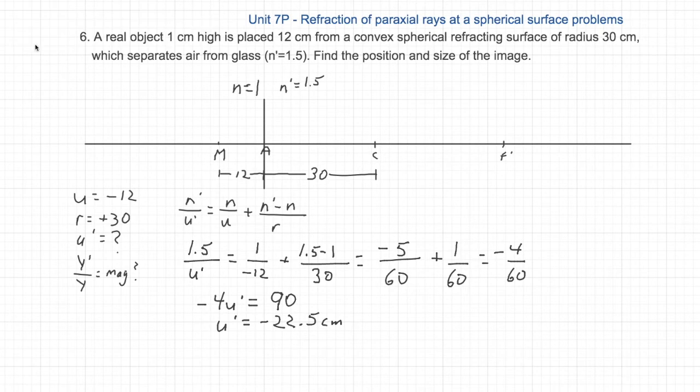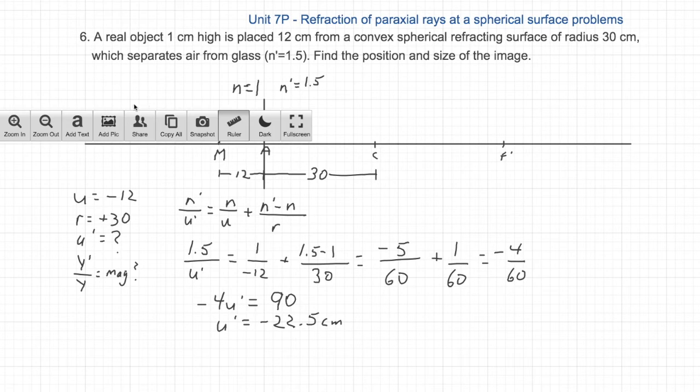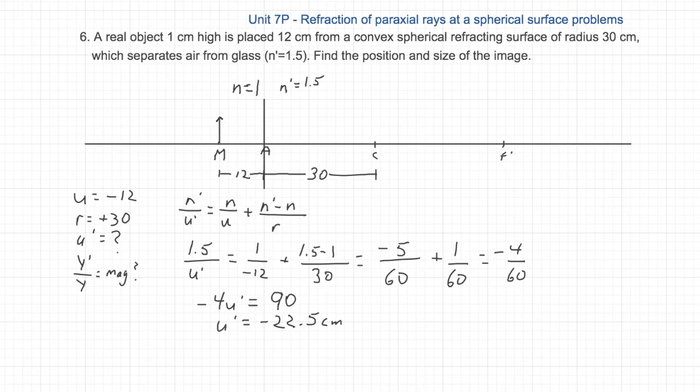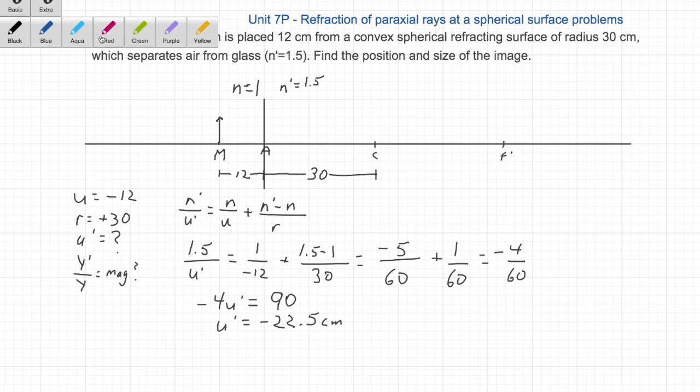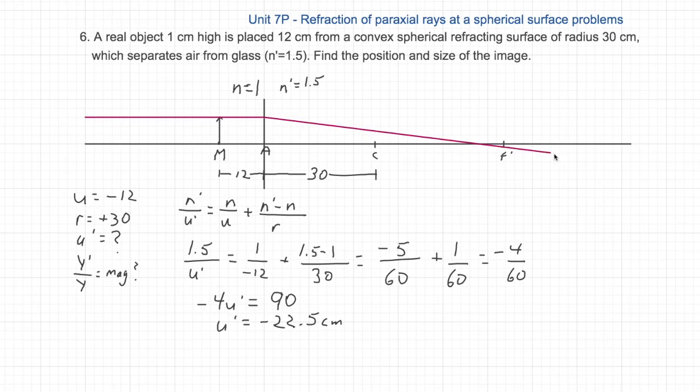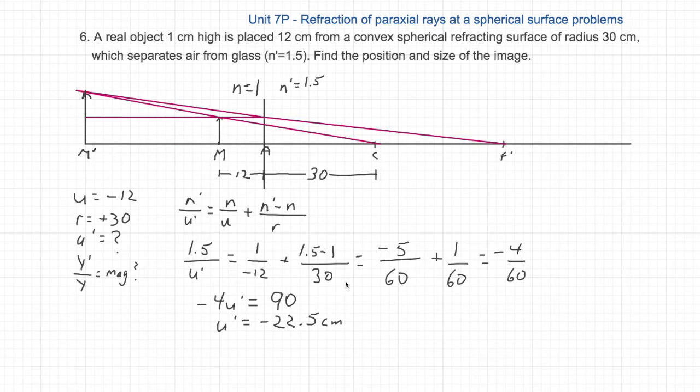So it'll be further to the left of the surface. That makes it a virtual image. And we can draw it out by sending our parallel light ray through F prime, extending it back, sending a ray to the center, and we find those two rays intersect right around there. So it's virtual.